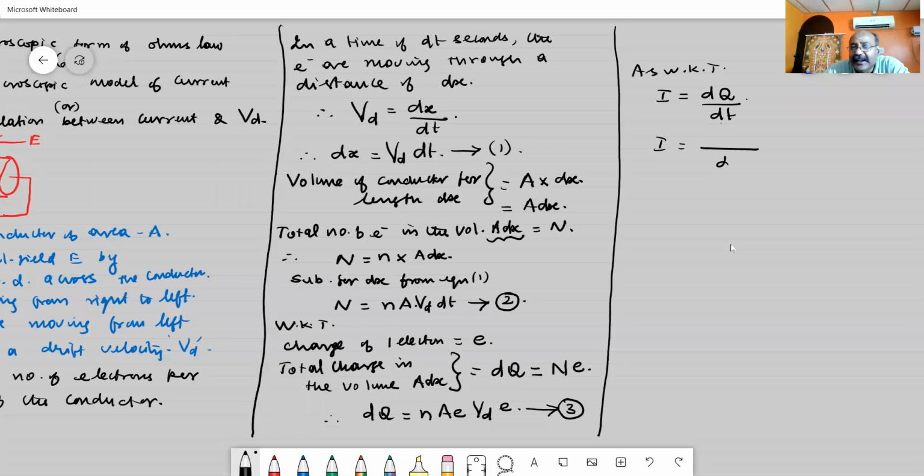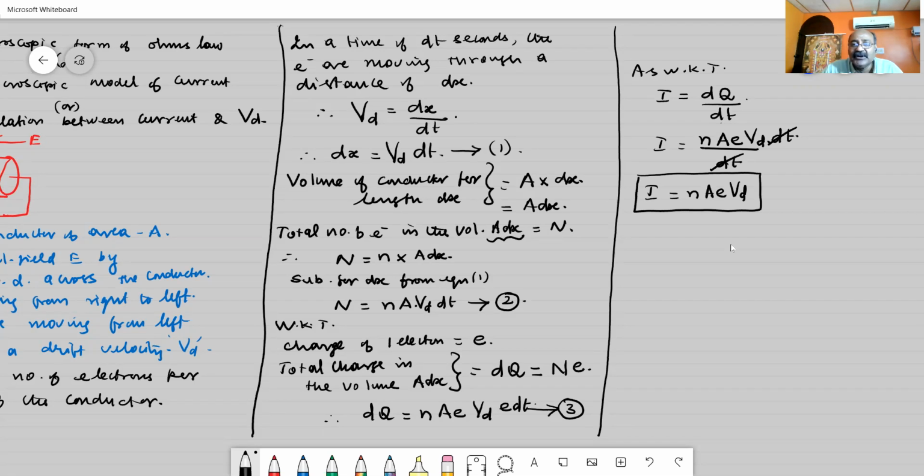So in a time of dt seconds, the amount of charge flowing is n into A into e into v_d into dt. Here I have left out dt, so this dt and this dt will get cancelled. So the current I is equal to n into A into e into v_d.